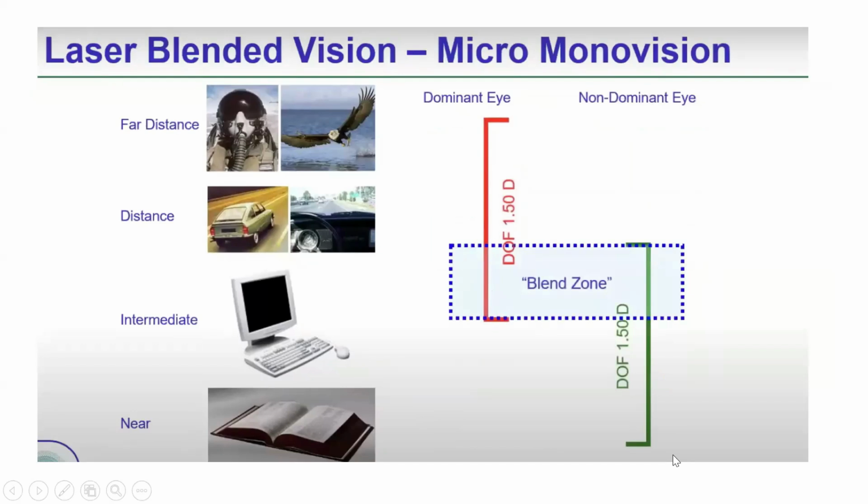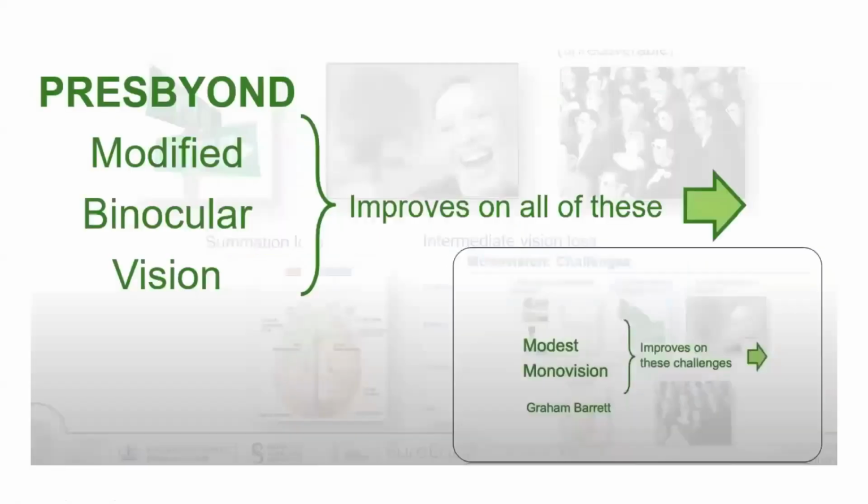For the non-dominant eye, we leave minus 1.5 diopters, which gives fair intermediate vision and good near vision. The zone for intermediate is known as the blend zone. Essentially, the right eye is distance dominant and the left eye is near dominant.